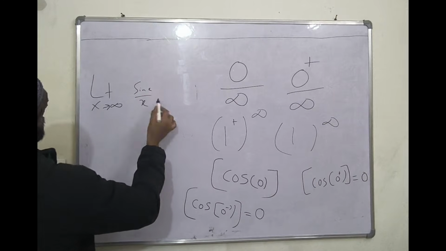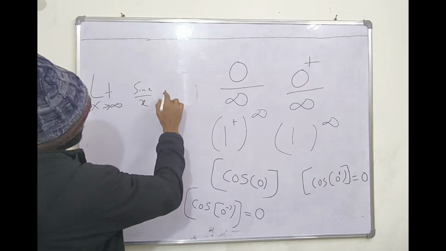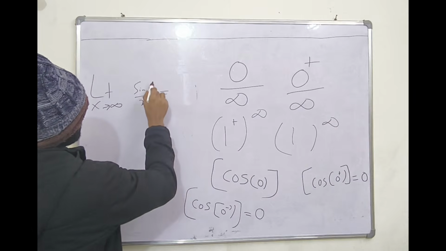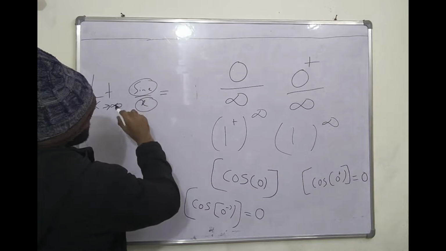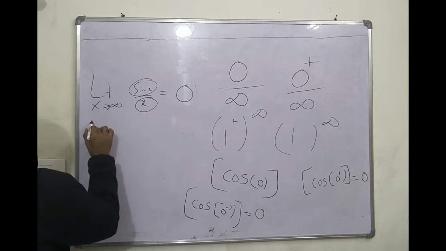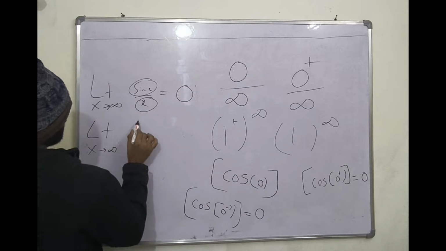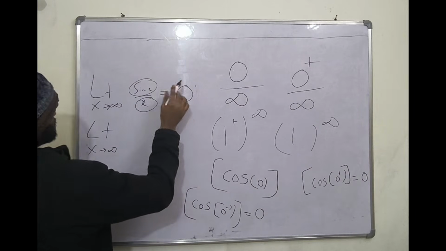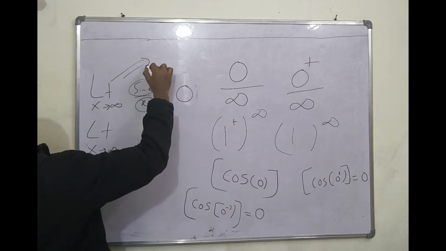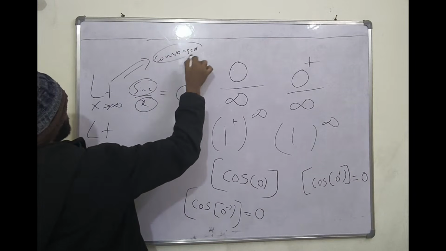This is an oscillatory function sin x, but as x tends to infinity, this function tends to infinity, and so the whole limit is 0. This oscillatory function got converged.